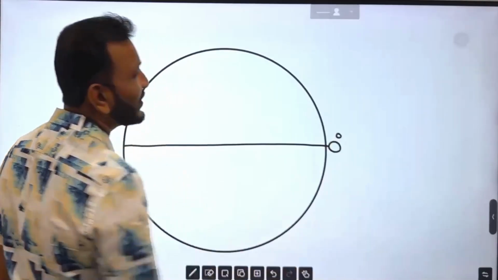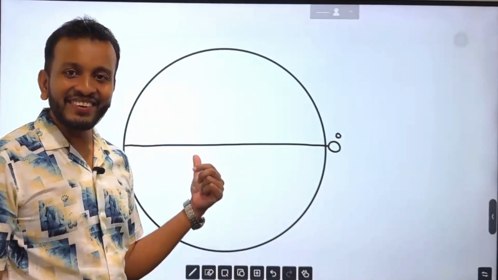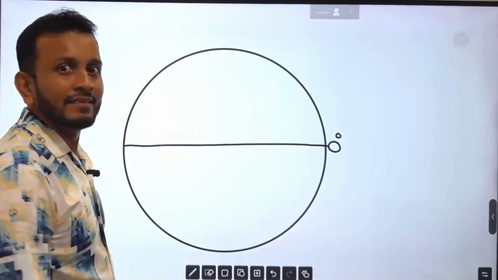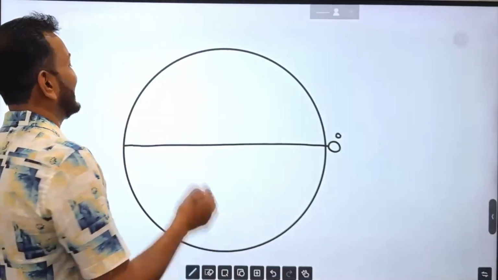Right. 0 degrees latitude. What is it called?